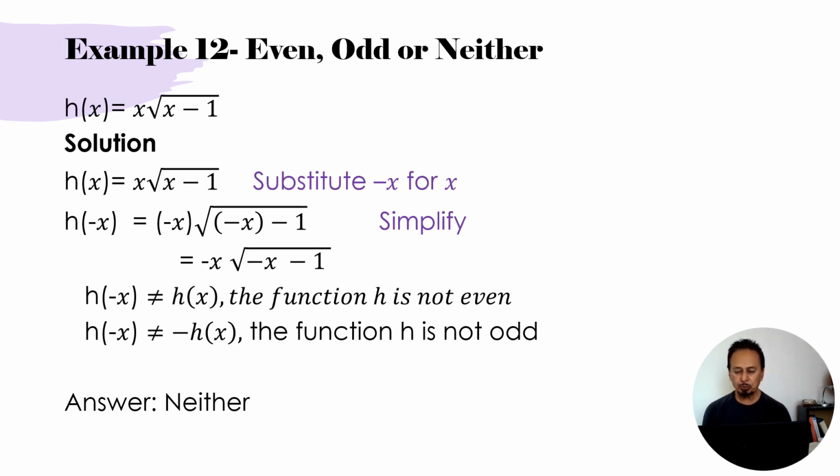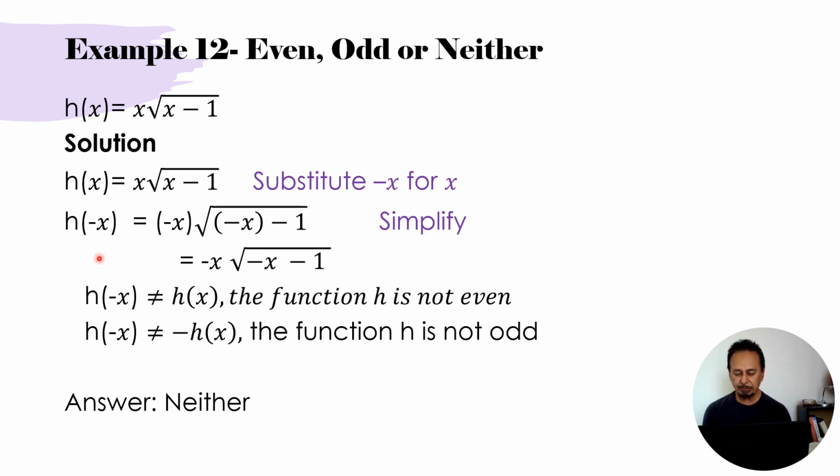So here is example 12. We are given a function h of x equals x times the square root of x minus 1. So we start with h of x, and we substitute negative x for x.